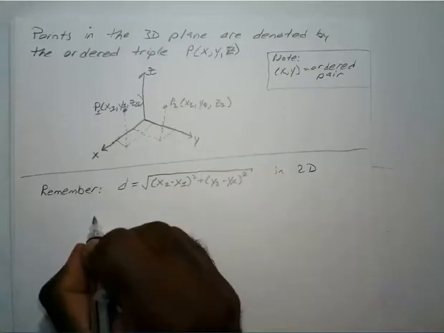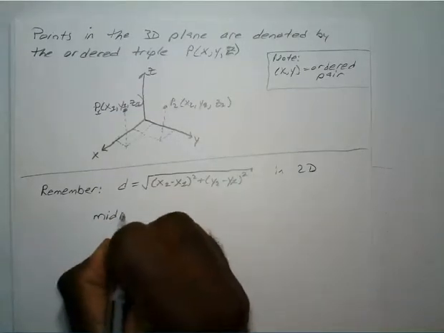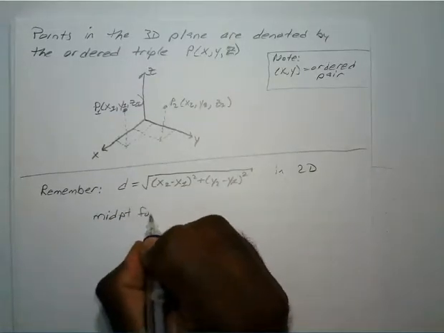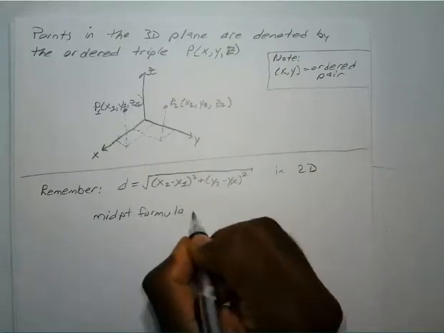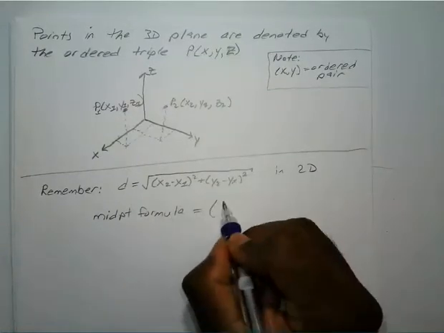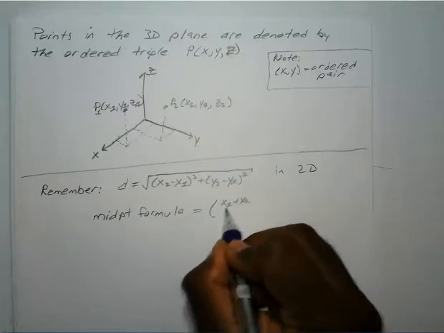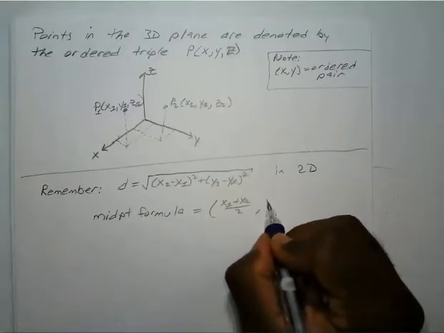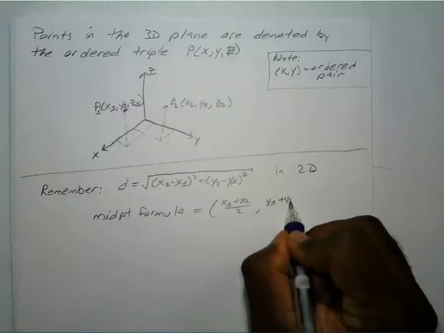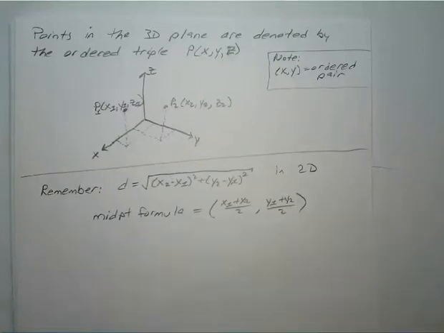And your midpoint formula was equal to x1 plus x2 divided by 2 and y1 plus y2 divided by 2.